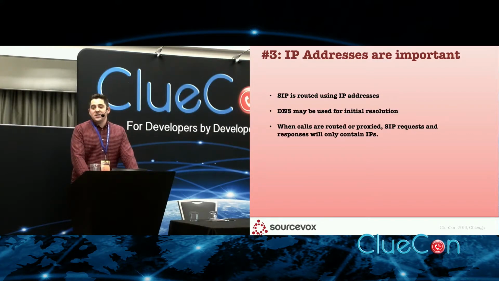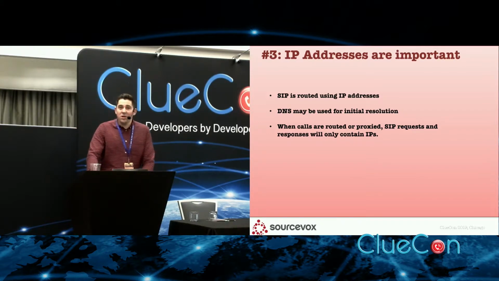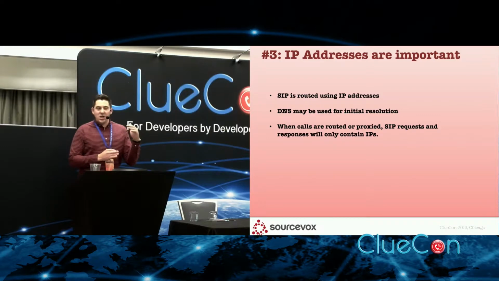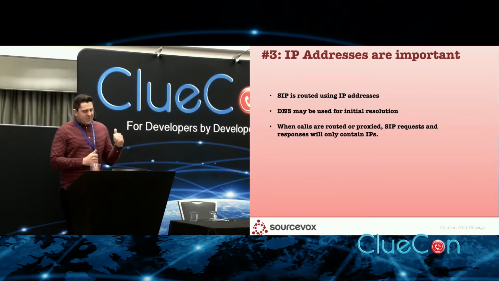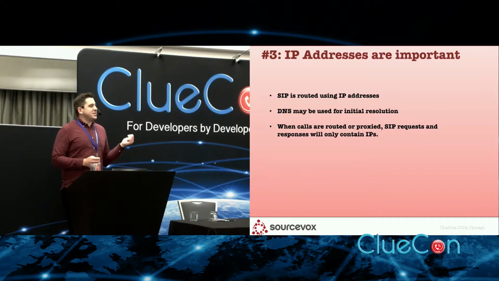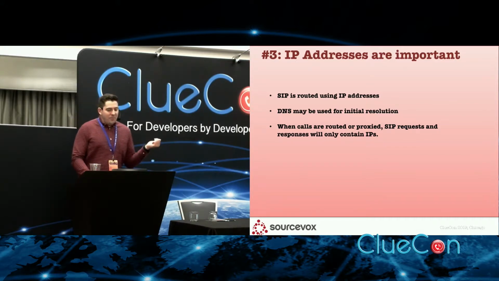You can use DNS for your initial resolution when you're sending a call, but once that's happened, the actual SIP packet, the SIP request, will contain only IP addresses. And this is really important to high availability. It was alluded to a lot yesterday in some of the talks about deploying VoIP in the cloud, that you have to have this ultimate always available IP address.